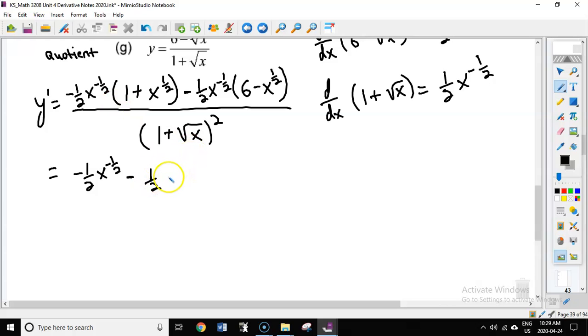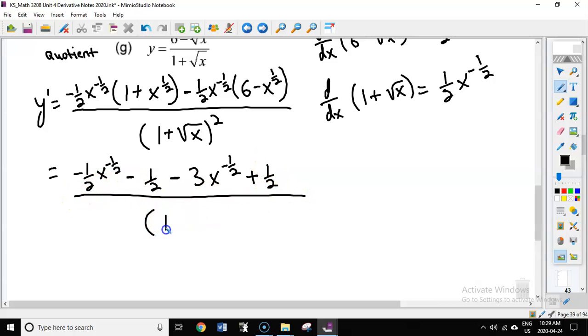So we just get negative half. Minus half of 6 would be 3, and we're stuck with the x to the negative half. And then minus and times a negative is positive. And again, x to the negative half times x to the half would just leave me with the coefficient of 1/2. All over (1 plus root x) all squared.